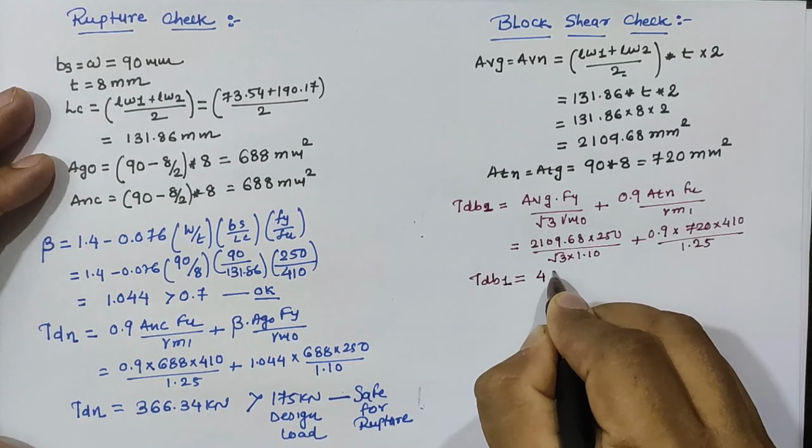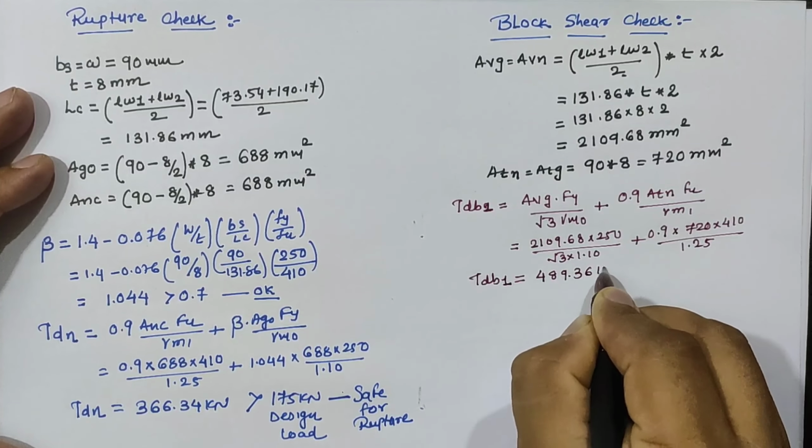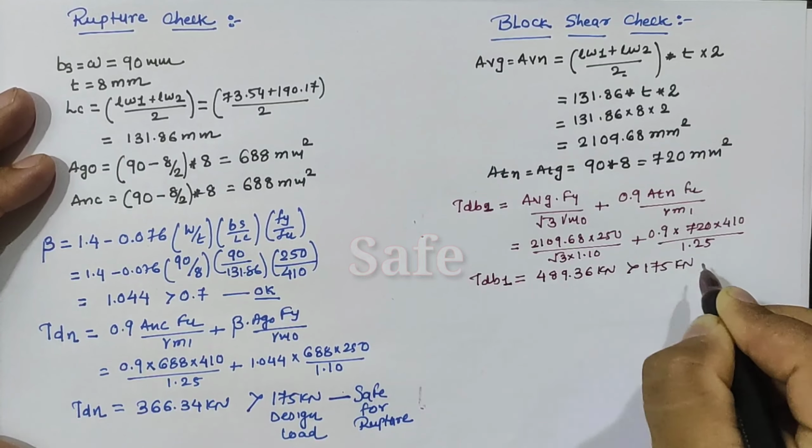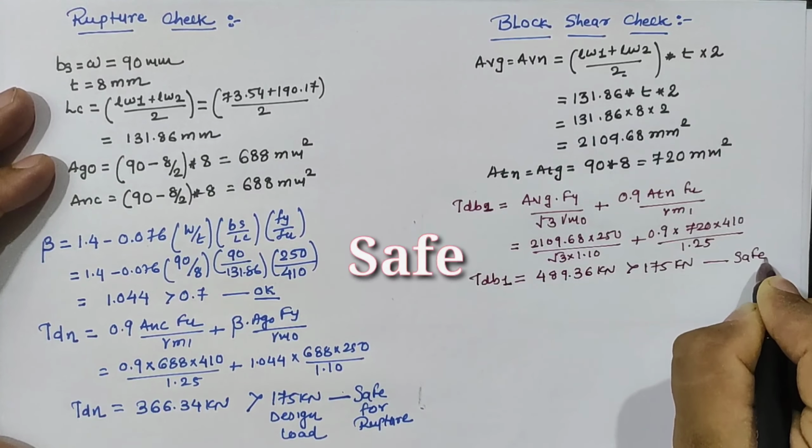Equal to 489.36 kilonewton is greater than 175 kilonewton as a design load. It means it is safe.